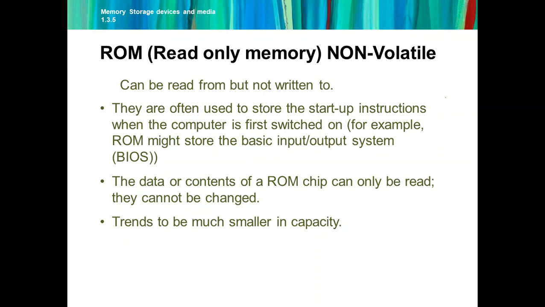We don't have too much to show you right now. ROM can be read from but not written to. ROM is a read-only memory. We do have certain ROMs, newer ROMs, that we can write on as well. But when we are specifically talking about ROM, we cannot write anything on it, but we can read data from it.